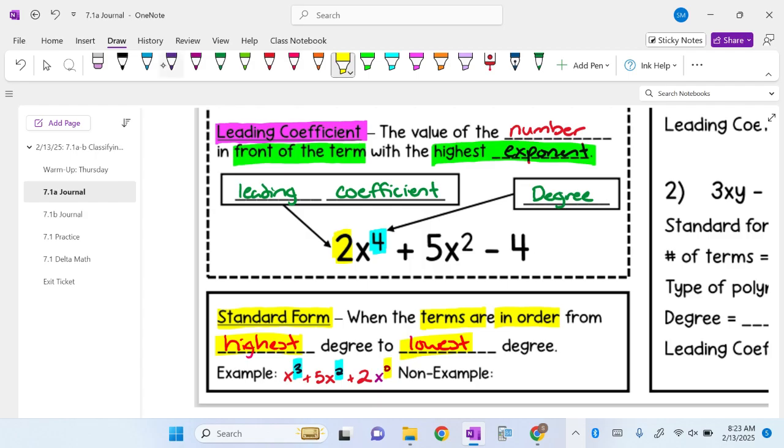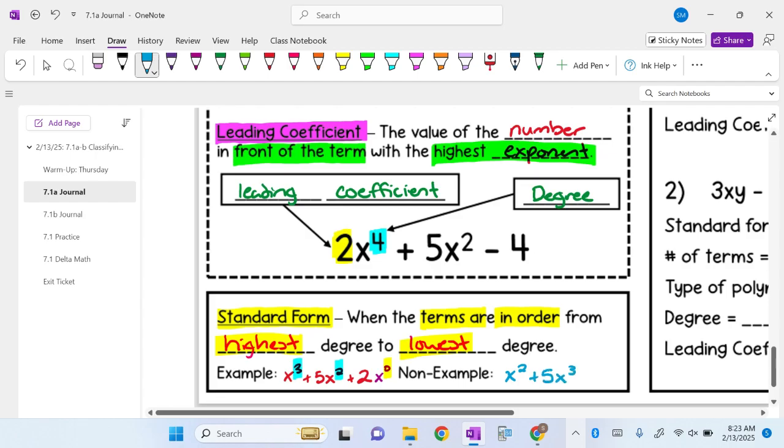Now, a non-example would be x squared plus 5x cubed plus 2x. Why is that not an example of standard form? What's the issue with that example? Look at the exponents.